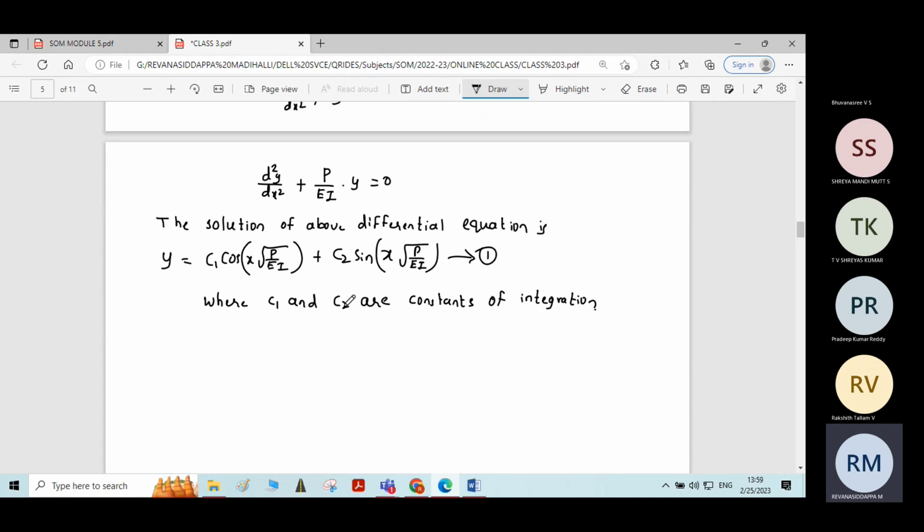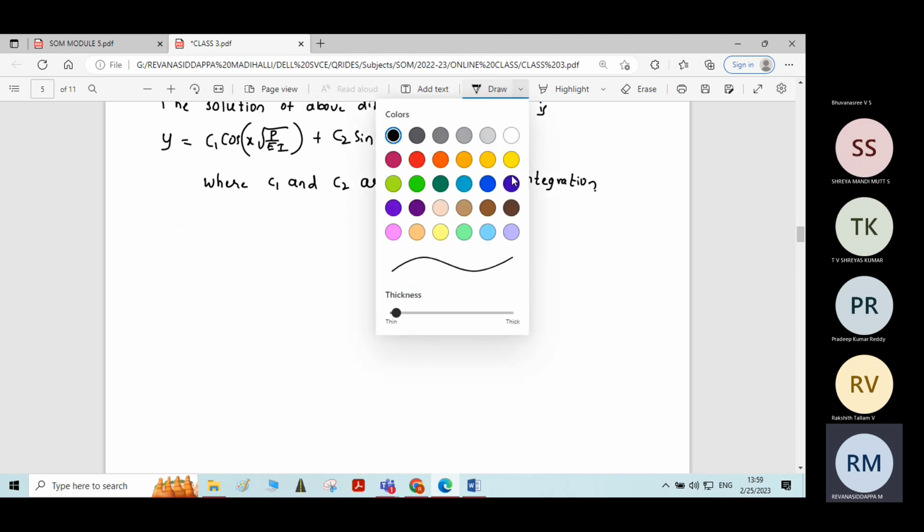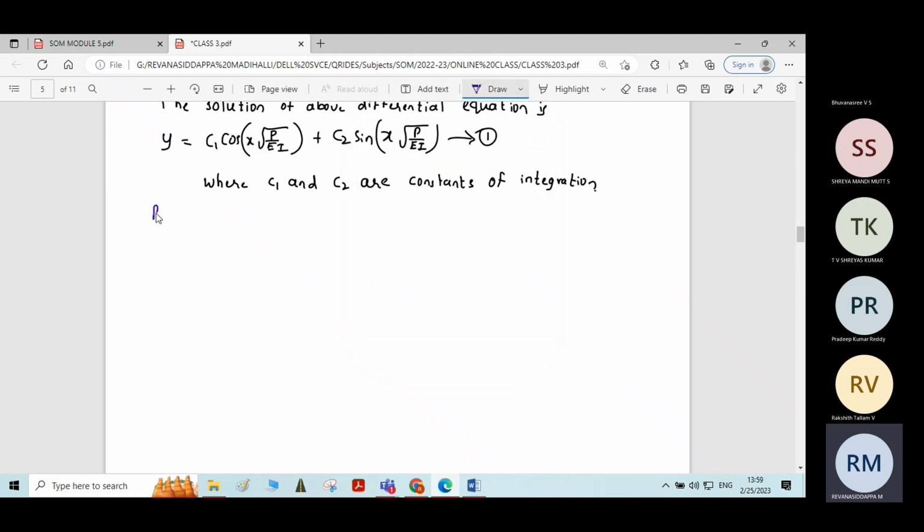Boundary conditions that you used to follow in Macaulay's method. The same procedure. After writing the solution, we will get the constants. These constants should be determined by applying the suitable boundary conditions. To get the values of C1 and C2, we are applying the boundary conditions.